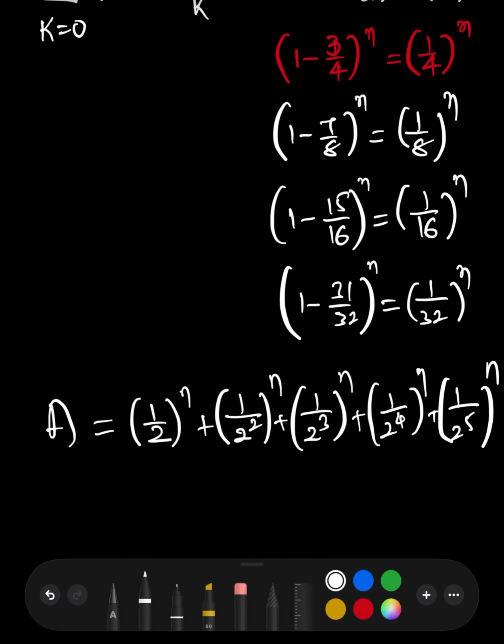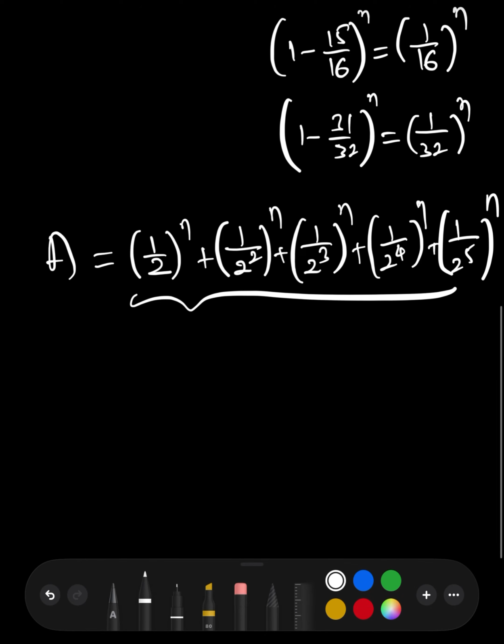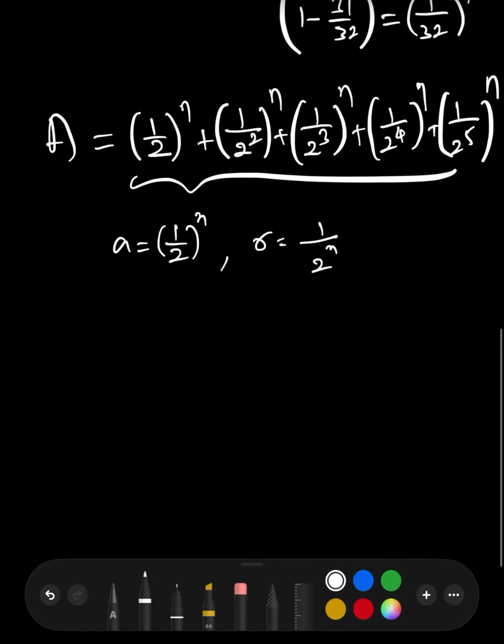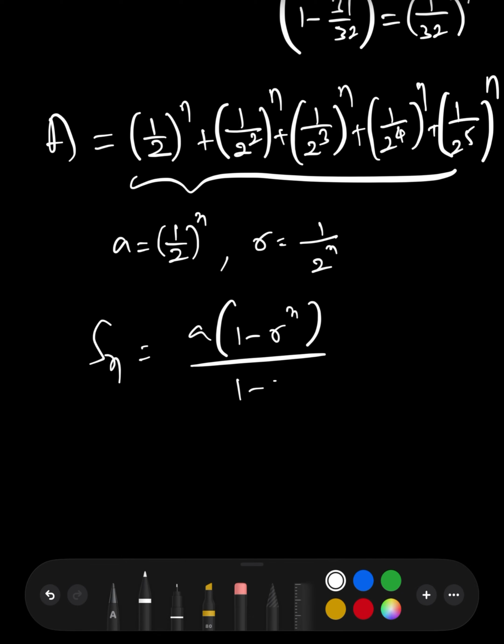If you observe this series clearly, it is in GP. The first term is (1/2)^n and the common ratio is also (1/2)^n. Now the sum of n terms formula is a into 1 minus r power n divided by 1 minus r, where r is less than 1.